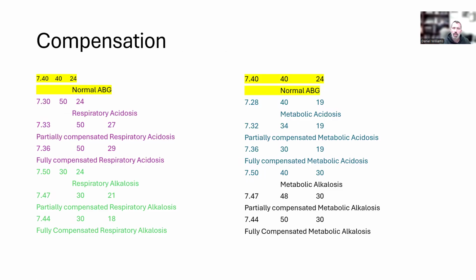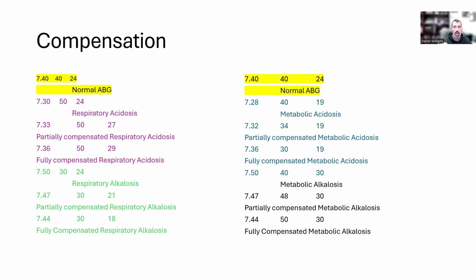Now, how do you know this is uncompensated? If the blood gas is fully compensated, your pH value is back within normal limits. And remember, normal limits is 7.35 to 7.45. If it is compensated, your pH is back within that 7.35 to 7.45 range.